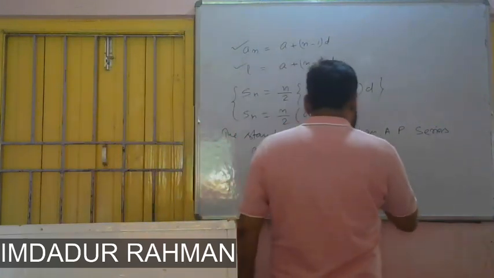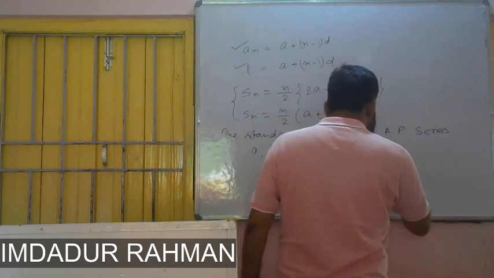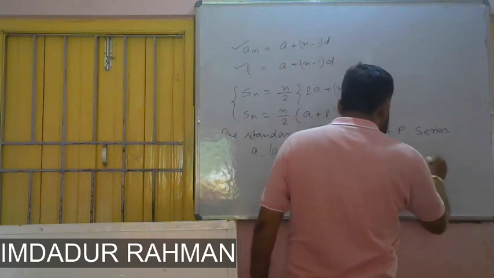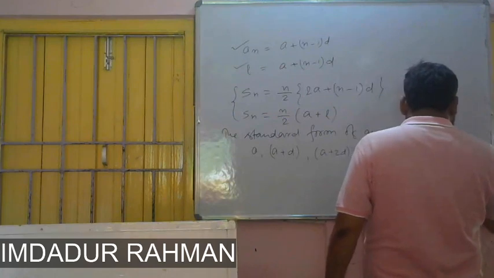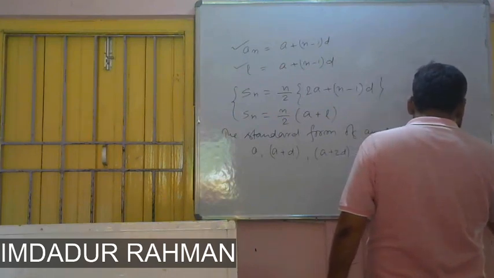Like this, A plus thrice D, and so on, up to A plus (n minus 1) into D.